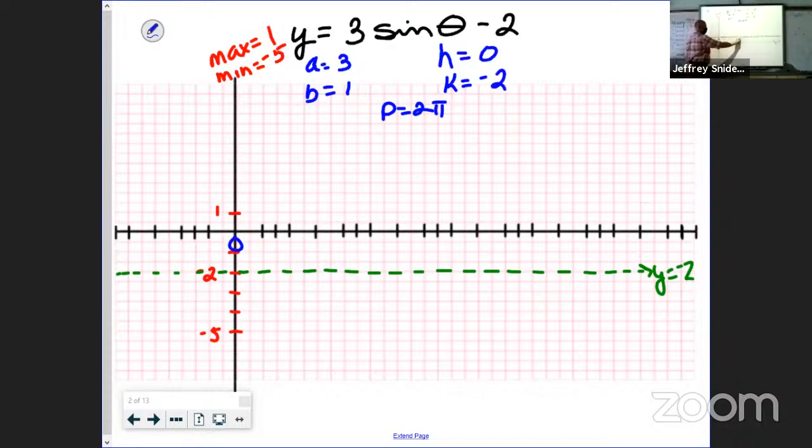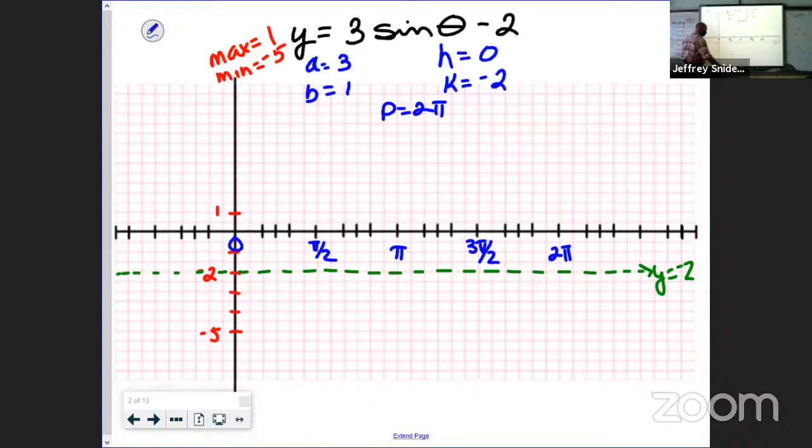That's pi over 2, pi, 3 pi over 2. This is 2 pi. And then I'm going to cut it in half. That's where my values are going to be at, my criticals. My maxes, my mins, and my midline intersections.